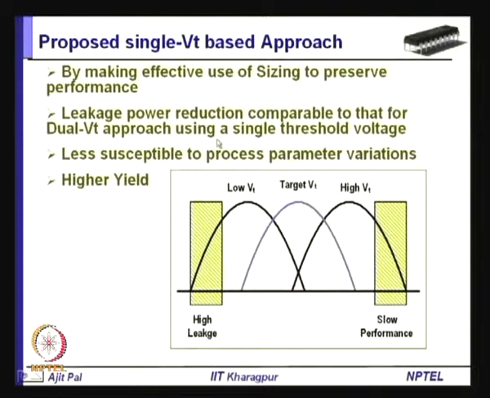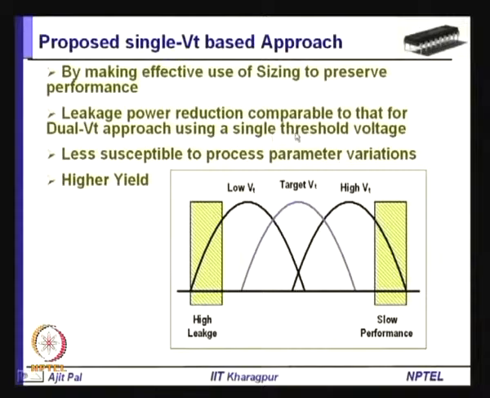It has been found that the leakage power reduction is comparable to that of the dual VT approach. So, that is the beauty of this approach. Without using dual threshold voltage, you are able to achieve leakage power reduction comparable to the dual threshold voltage approach.